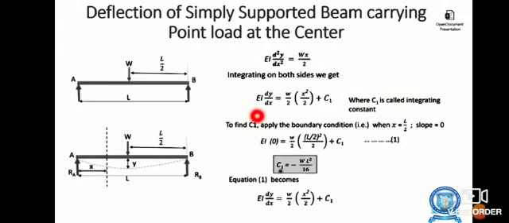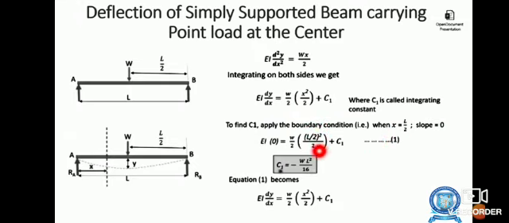To find C1, apply the boundary condition when x is equal to L by 2, slope is equal to 0. So EI into 0 is equal to W by 2, L divided by 2 the whole power square divided by 2 plus C1, equation number 1.